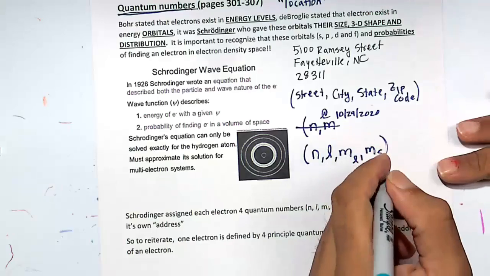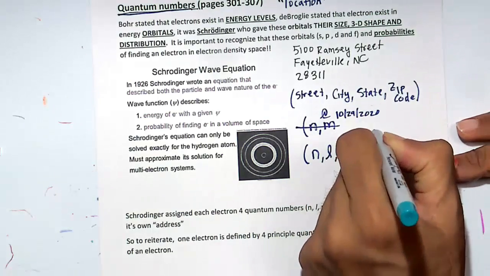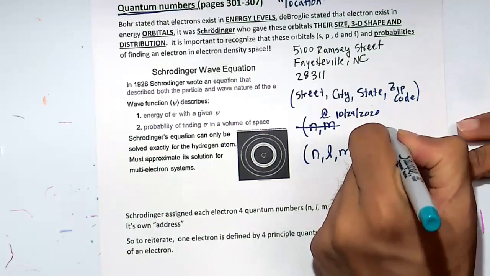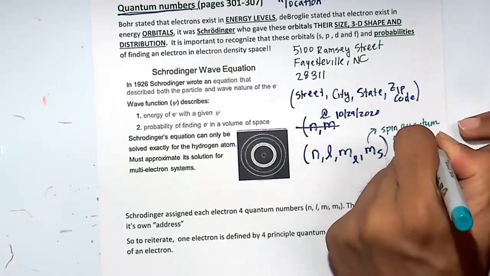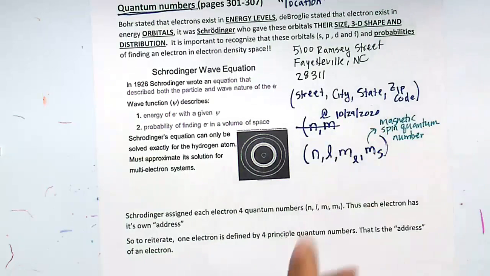All right, so this is a little complicated, so let's do the easiest thing first. The easiest thing first is this m sub S. This is called the spin quantum number. These are all quantum numbers. Actually it's a magnetic spin quantum number. So imagine if you put an electron in a high magnetic field. It will either orient with the magnetic field, or it will go against the magnetic field.